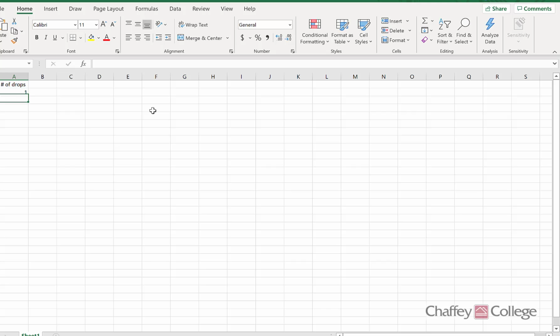For 1 drop, you don't have to write drop, just the numbers 1, 2, 3, 4, 5, and 6. I'll stop here, but if in your case you have more data, you can continue writing more numbers. And then on the second column, we'll write conductivity.